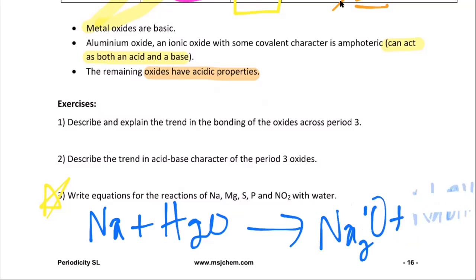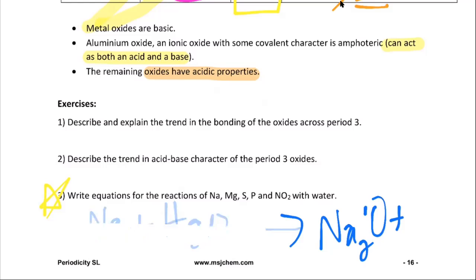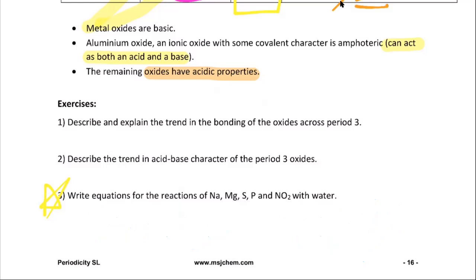But I want you guys to try to figure these out on your own. If you have problems, like I said, we can talk about it on Friday and go over it in a little more detail, what the equation is for these, but it has to do with whether they form an acid or a base when they react with water, okay.